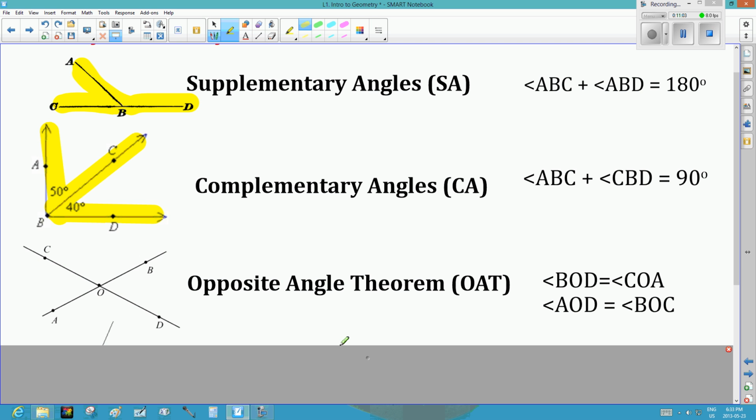Opposite angle theorem, which I didn't even tell you that's what it was when we did it, but opposite angle theorem is this angle here and the one opposite of it are equal. So BOC is equal to AOD, and BOD is equal to COA. That is called the opposite angle theorem.